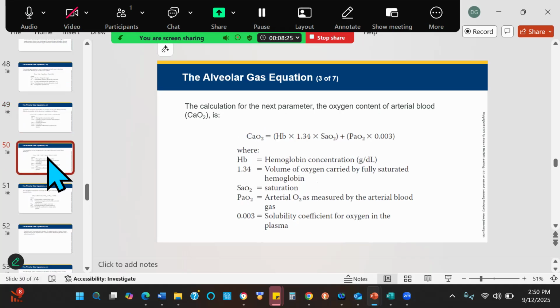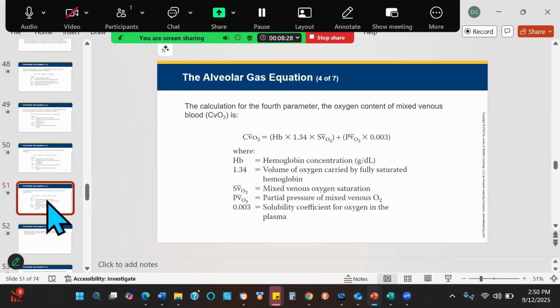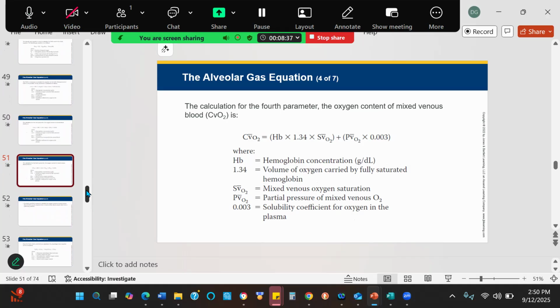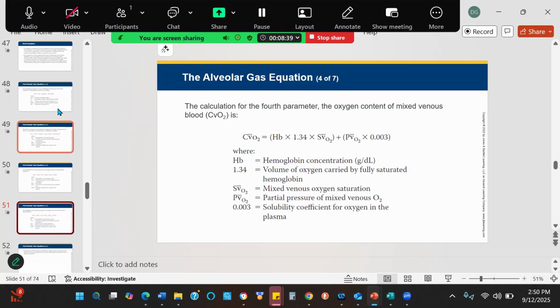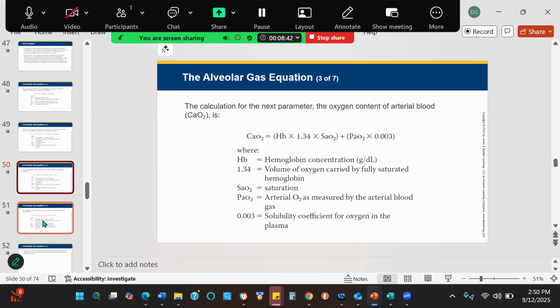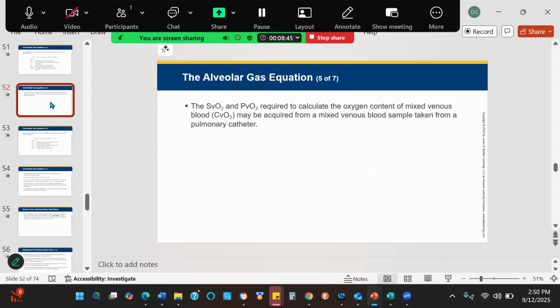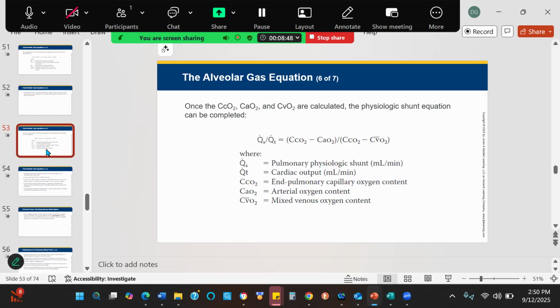This is CaO2 arterial, and CVO2. I knew that was going to be next, is venous. Sometimes we're very interested in the difference between arterial and venous content. So you needn't memorize those formulas right now, but you're going to need them when you get to a critical care class. Nothing new on that.